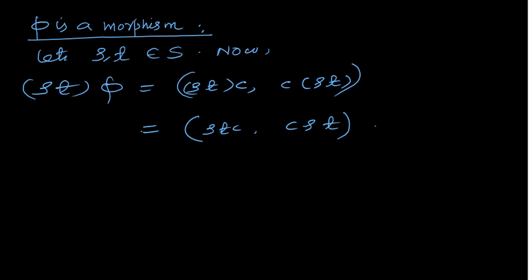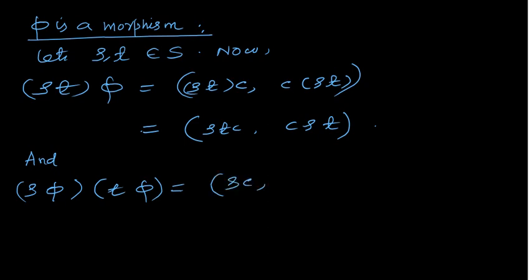Now this one, S phi times T phi, is equal to SC, then CS, its product with T phi, that is TC and CT.